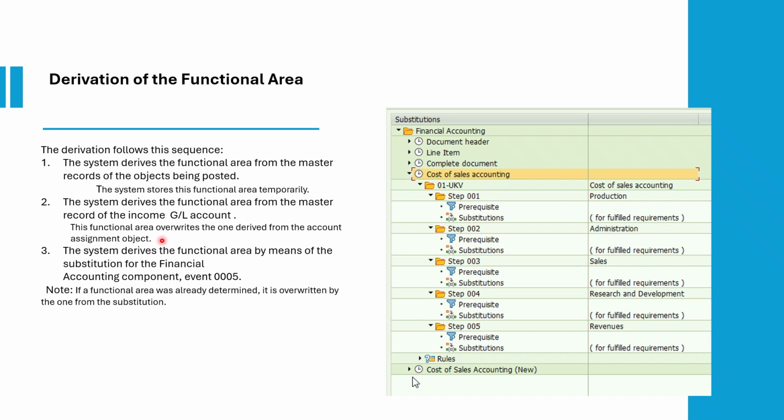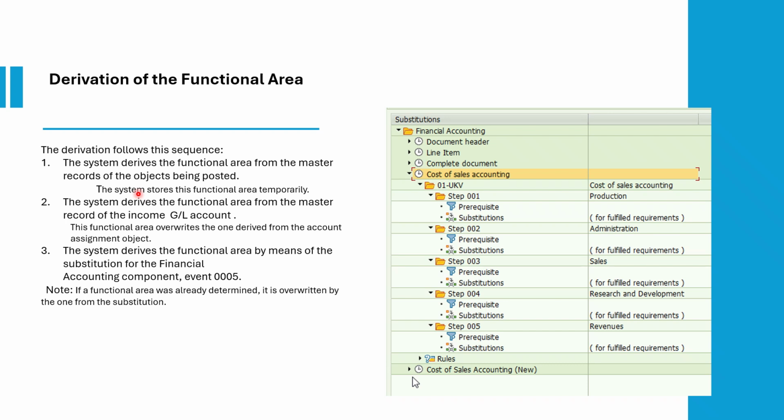Now there is also a third option: you can define your own substitution. Whatever the two steps in this sequence derive can be overwritten, and substitution derivation can also be helpful when you are not able to decide at the time of master data creation what the functional areas will be, let's say in internal orders, sales orders, order types, or GL accounts.